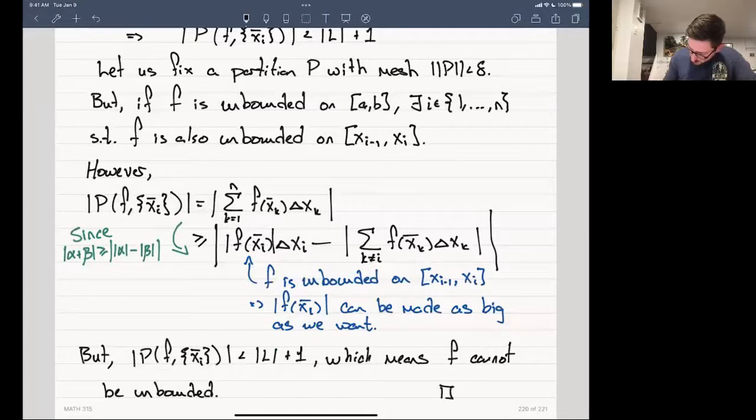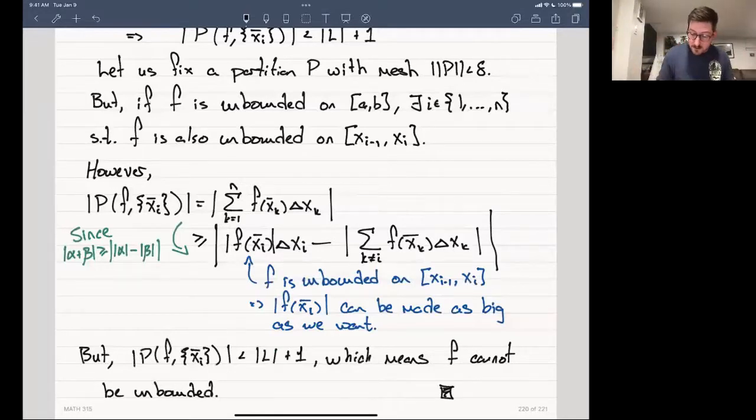And that gives us our proof, right? So it's sort of informal how we looked at this, and you can make this rigorous if you need to, but I really want you to see the mechanics of what's happening here. Basically, you identify a subinterval where you have your problem, where you have your unboundedness, and you say, okay, this is not going to work with my Riemann sum, because the height of one of those rectangles can be as big as I want it to.